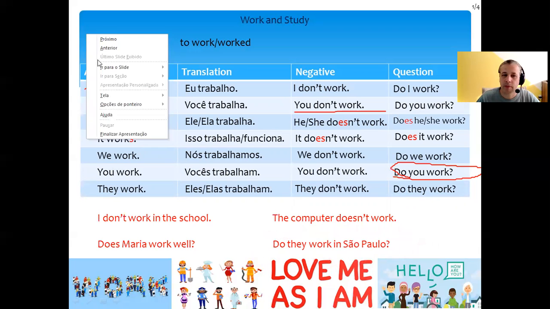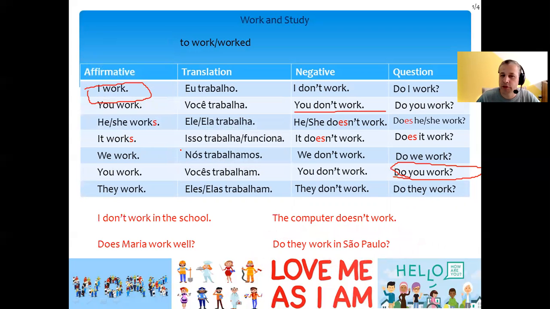Yes. Guys, let me just call your attention to something. Só chamar a atenção de vocês para algo. Negativa. So you get I work, affirmative. Negativa, I don't work. Pode ver que isso permanece para quase todos. You don't work. Você não trabalha. Né? De you work vira you don't work. Acrescenta-se don't.